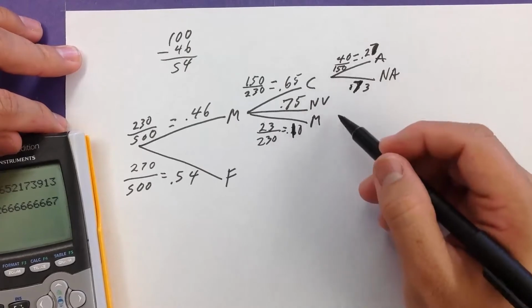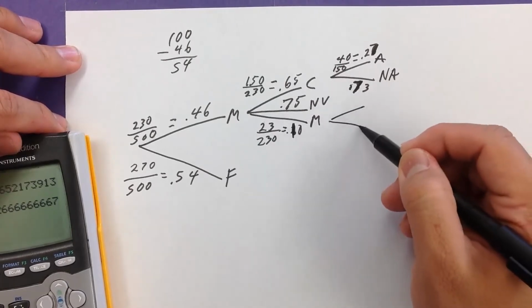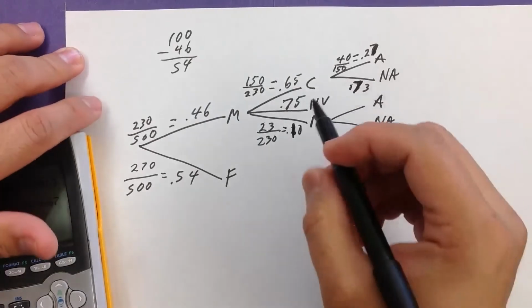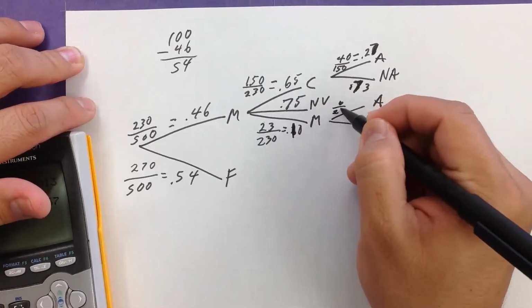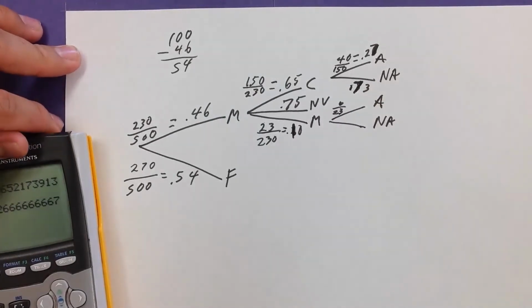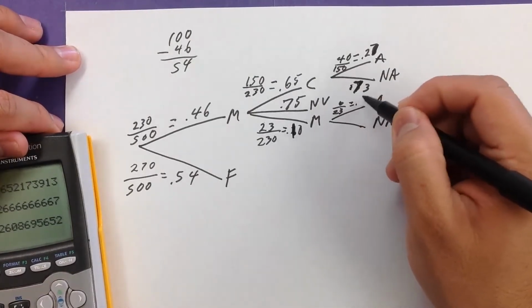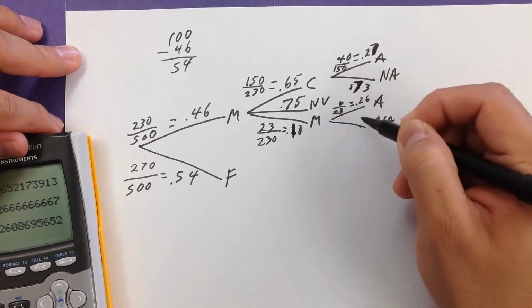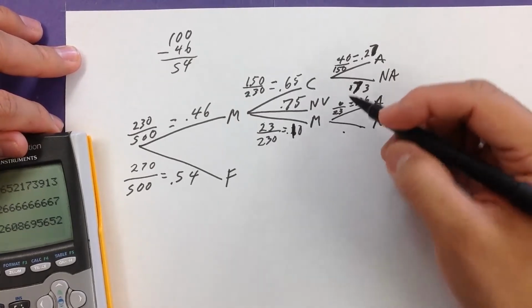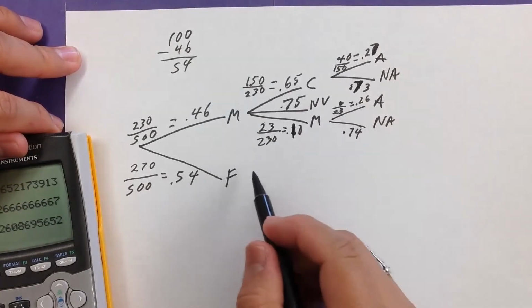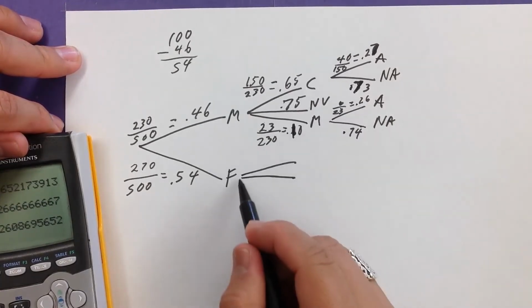So motorcycles now. Of the motorcycles, 6 out of 23 got into accidents. So that's going to be 26%. And finally we got this one right here, which is going to be 0.74. Same thing right over here.